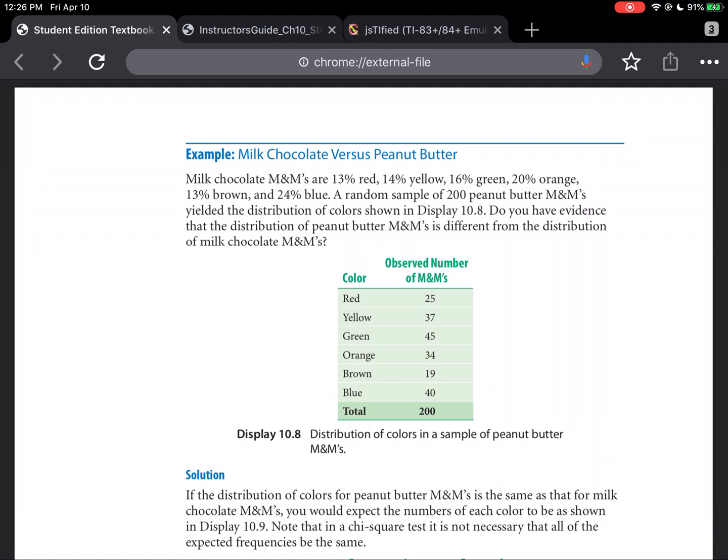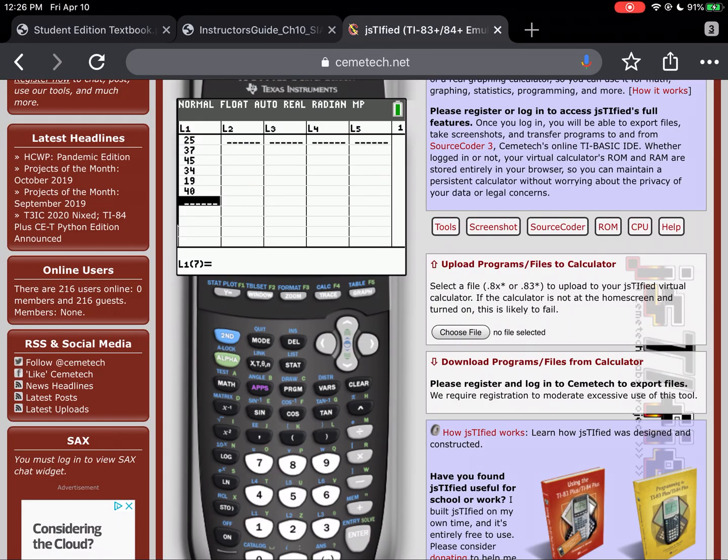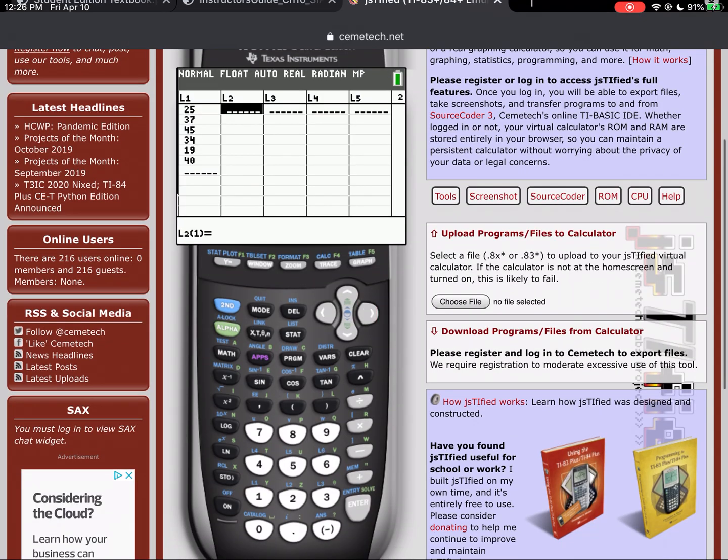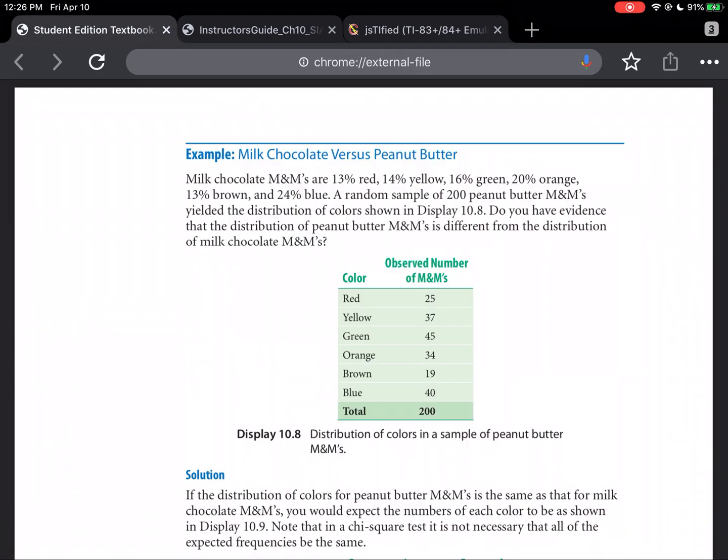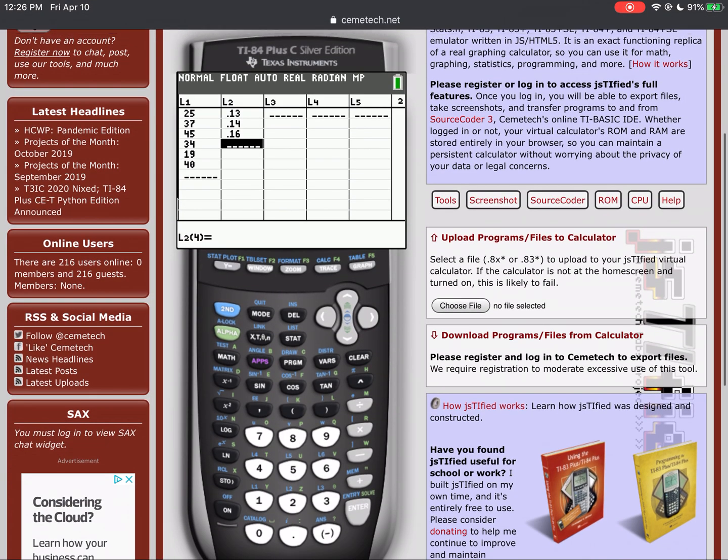So I'm going to plug in the percentages as decimals. So I got 13, 14, and 16, and these are going to go in list 2. So we got 0.13, 0.14, 0.16. The other percentages were 20, 13, and 24. So 0.2, 0.13, and 0.24.